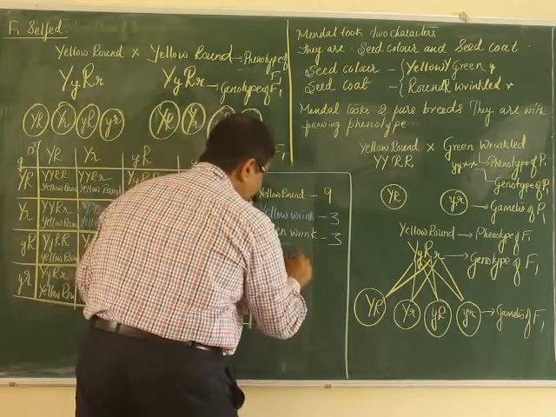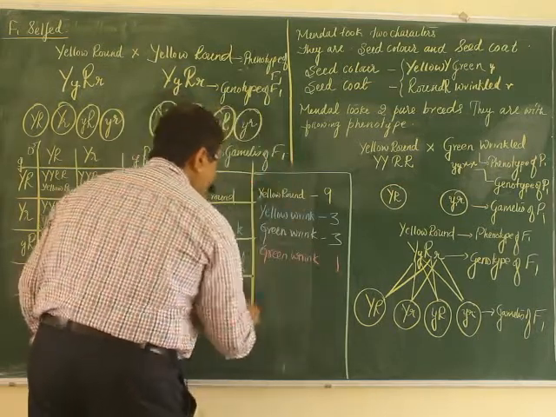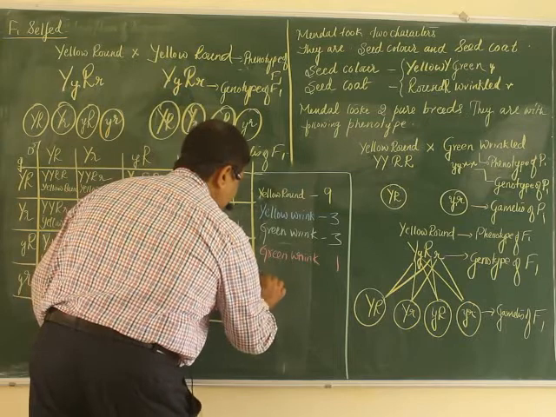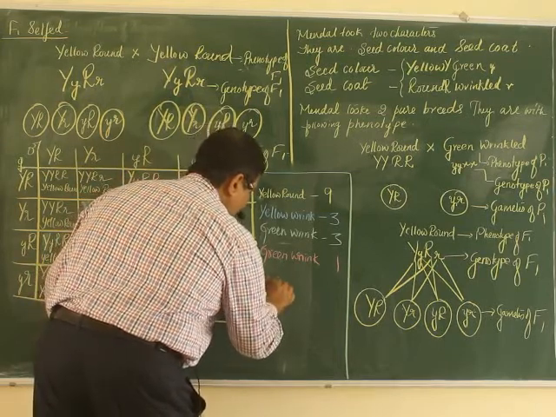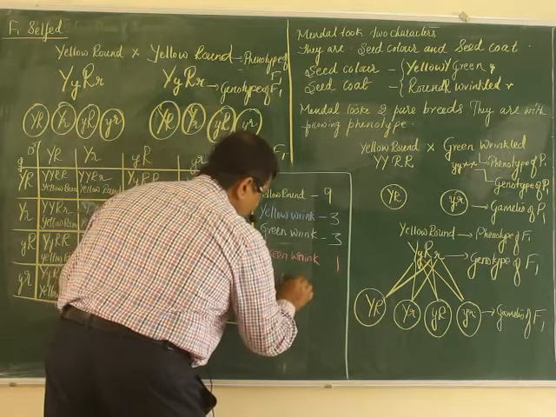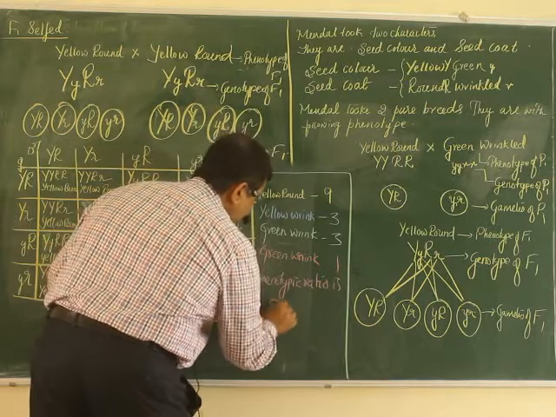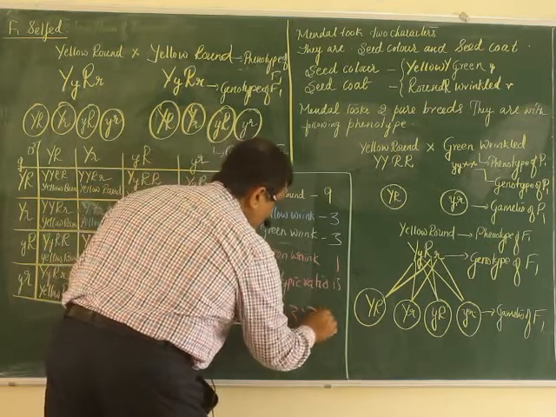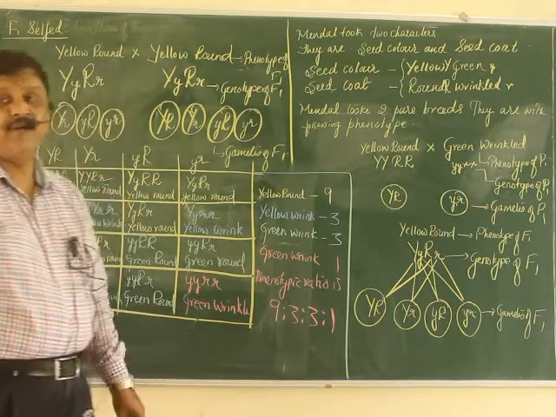So the phenotypic ratio is 9:3:3:1. So you must write this much for 5 mark.